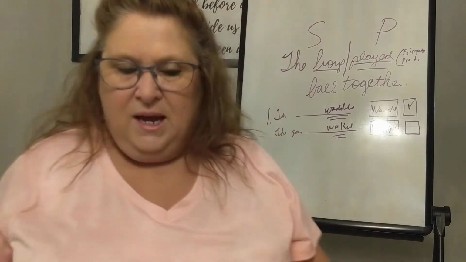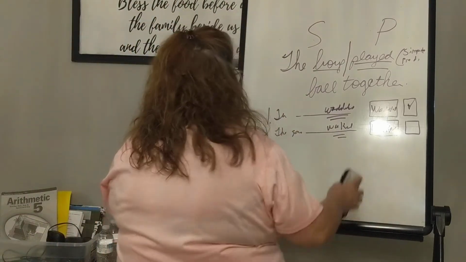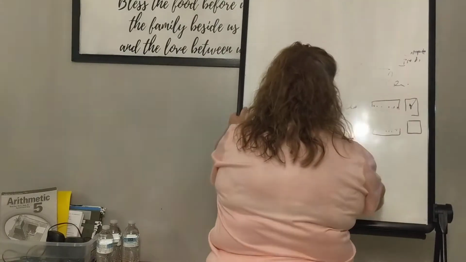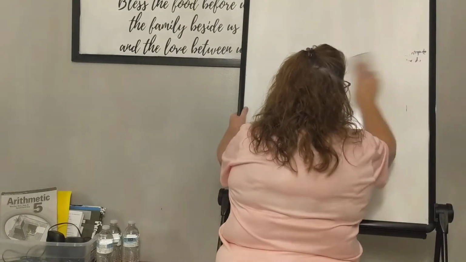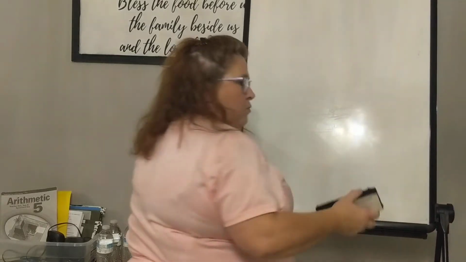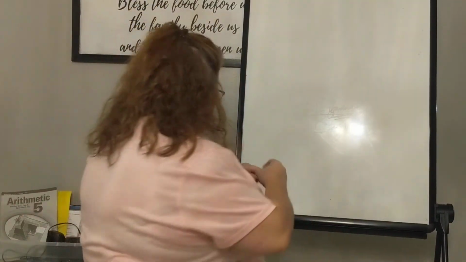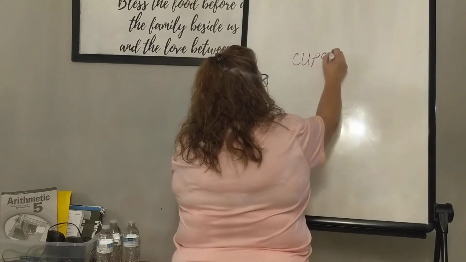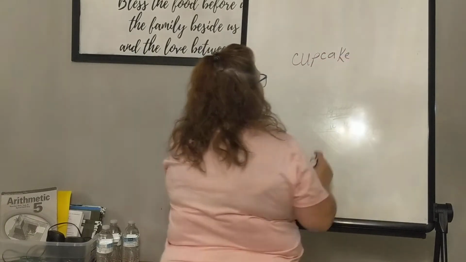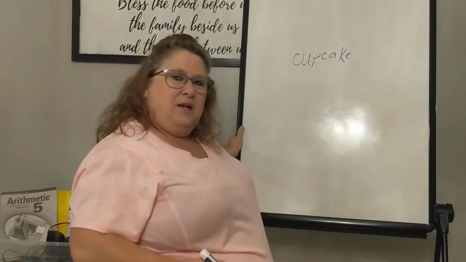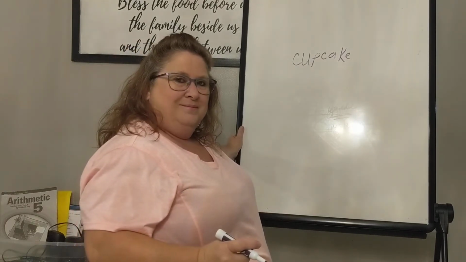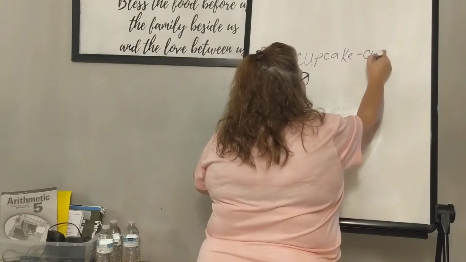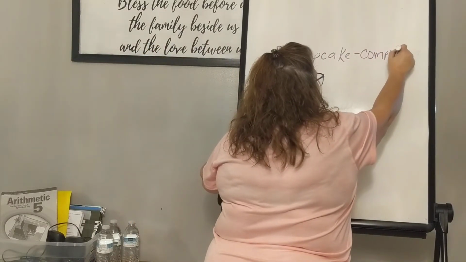On page 110, before we start talking, if I write the word cupcake, you are going to tell me that cupcake is what kind of a word? Think about it. It is a compound word.